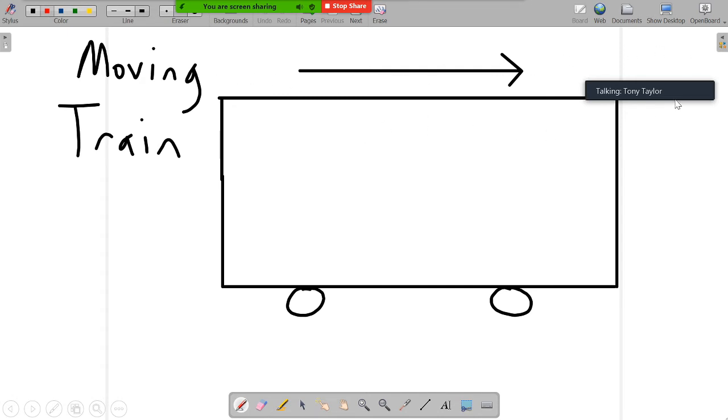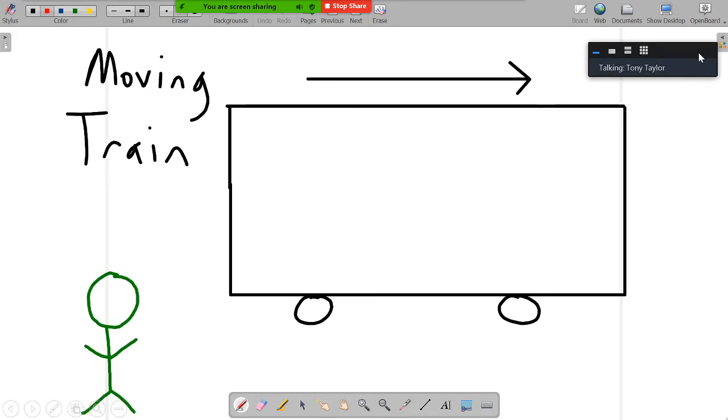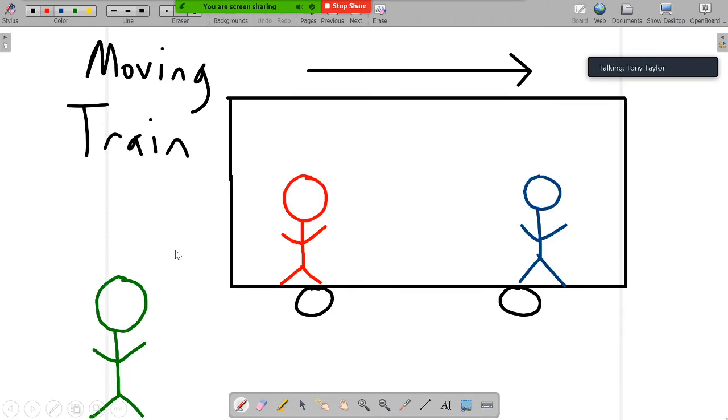It's moving toward the east. So we have this moving train, and we have an observer standing outside the train. This person in green is looking at this train go by. And as this train goes by, there are two people on the train. There's someone in red and there's someone in blue.